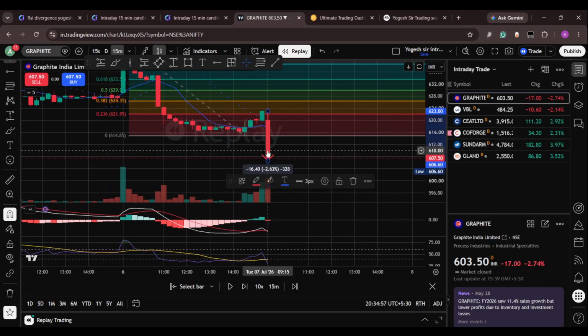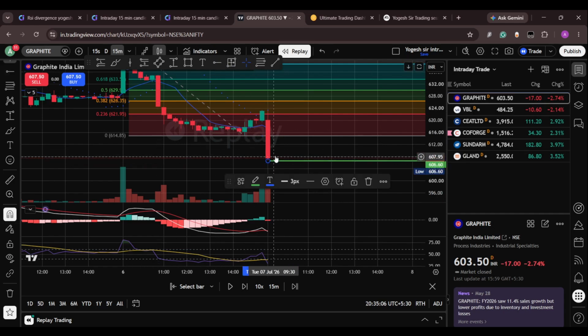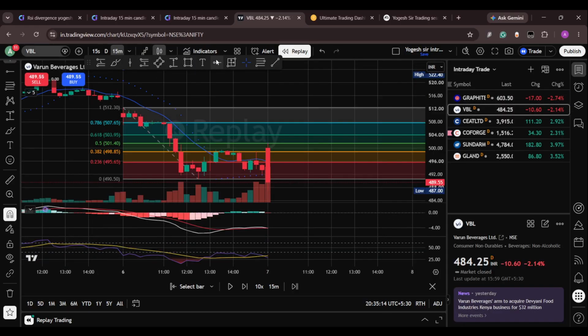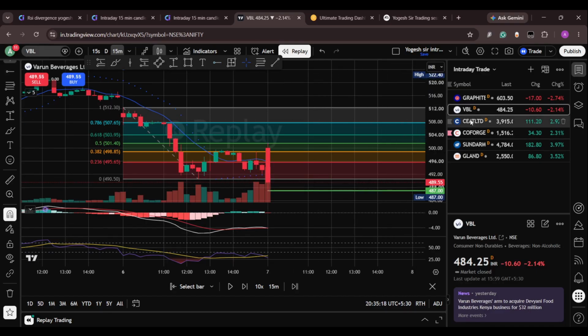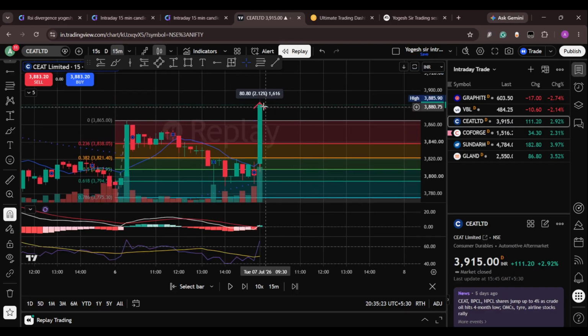Okay. Our shortlisted stocks. We will take an entry as soon as the first candle low is breached, for either Graphite or Varun Beverages, whichever one comes first. For the gainers, for the bullish trade, the same case.